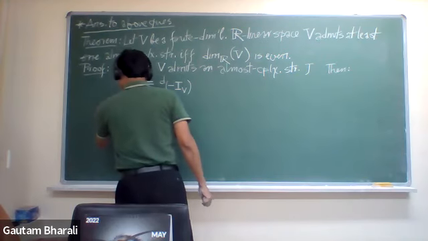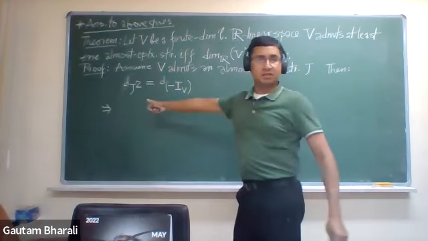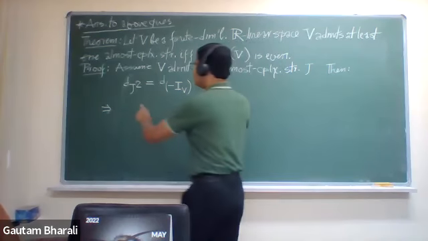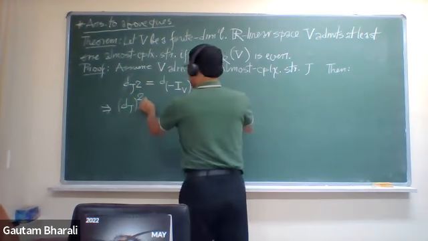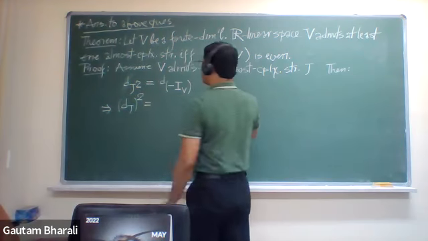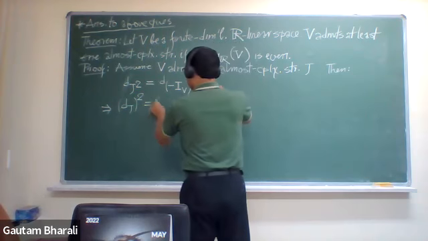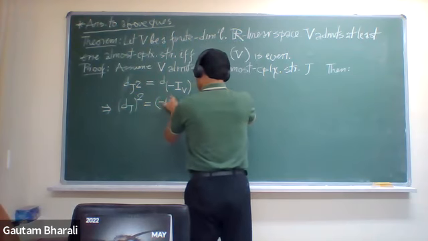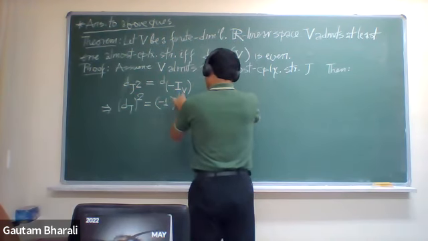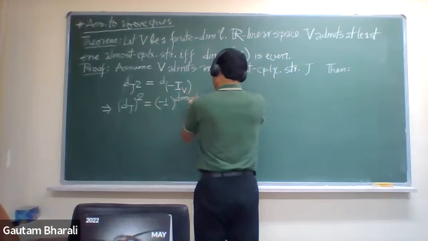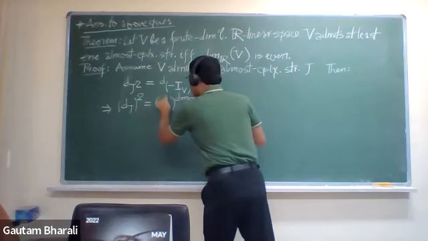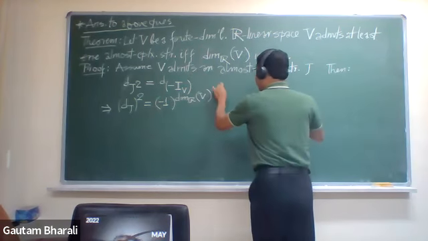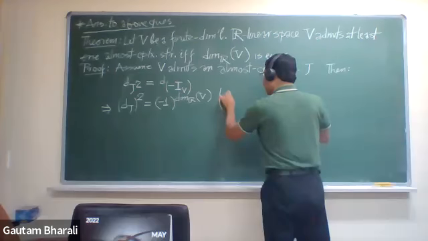Now, of course, by the product rule, d_(J squared) is nothing but d_J, the whole thing squared. And this actually turns out to be equal to (minus 1) to the real dimension of V. So this can actually be worked out by bare hands. So I'll simply say check.